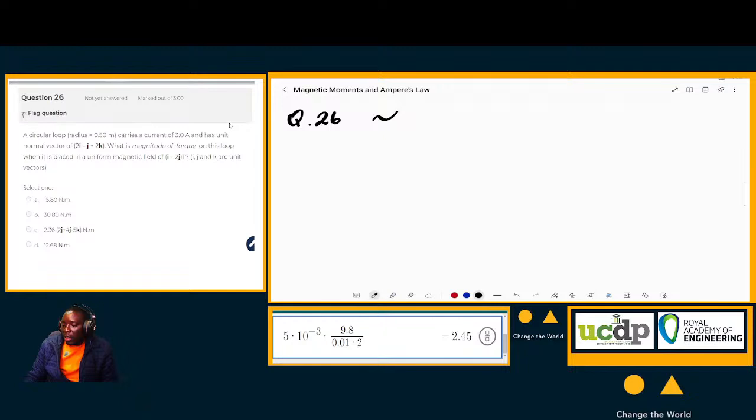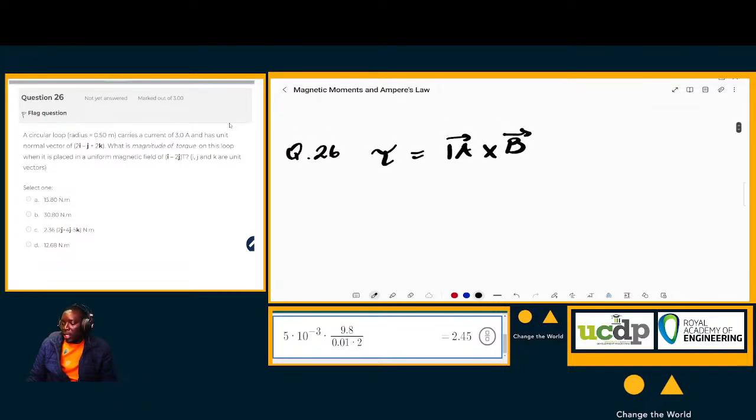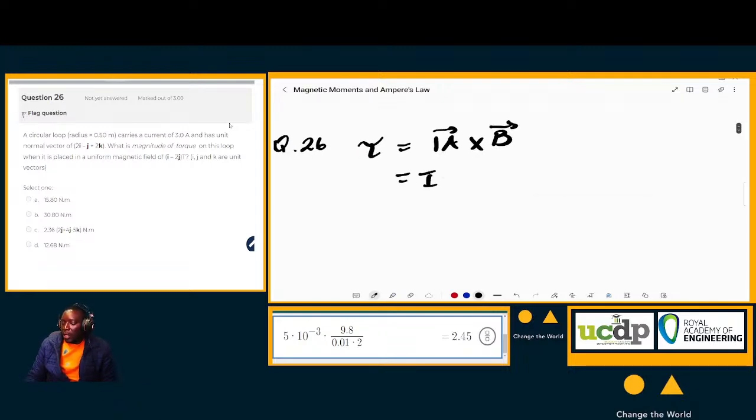So we know our torque is given by IA, the current times area, which is a vector quantity, cross B. So it is the cross product between IA and B, where A is given as a vector normal to the plane of the loop, so it's actually an area vector. With that in mind, the magnitude of the torque is BIA sin theta.